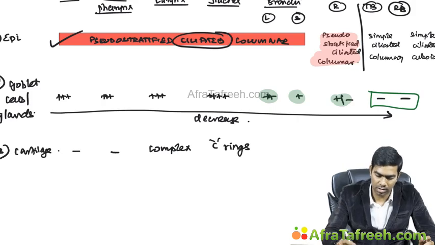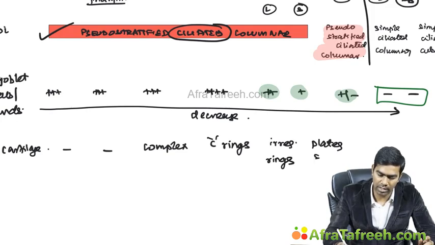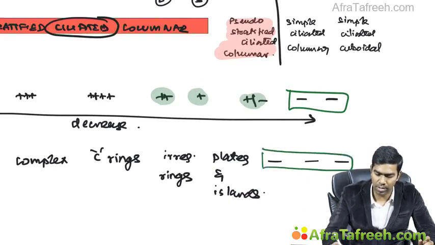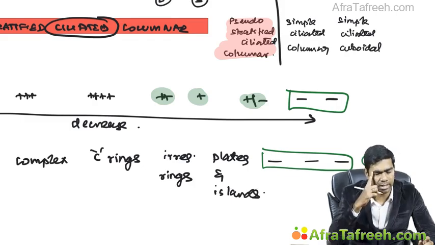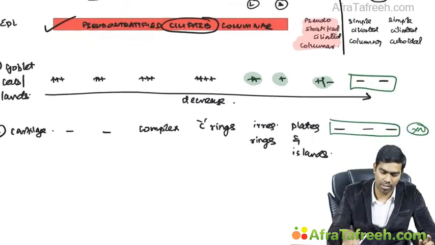In the large bronchus, they will be present as irregular plates or irregular rings, whereas in small bronchi, they will be found as plates and islands of cartilage. The moment you enter the regular bronchiole, terminal and respiratory bronchiole, you don't have cartilage support at all. The respiratory zone doesn't have any cartilage support, which is again a very important point.